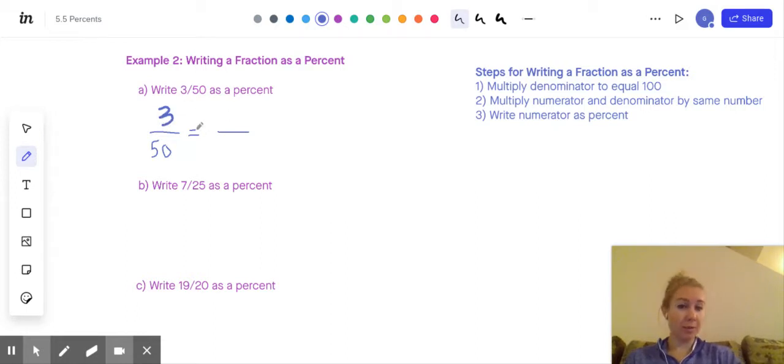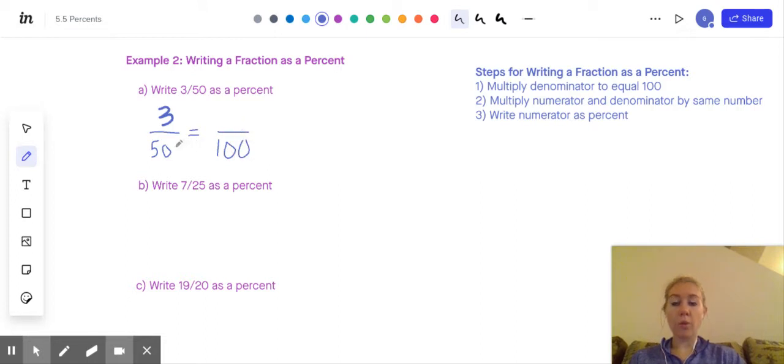So remember when we simplified fractions, when we divided the top number and bottom number by the same number, we were finding an equivalent fraction, but the numbers were smaller. This time for this step, we're going to find an equivalent fraction with bigger numbers. So we need to find an equivalent fraction where the denominator is 100.